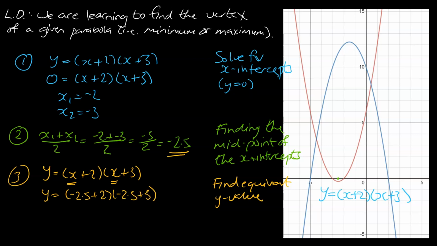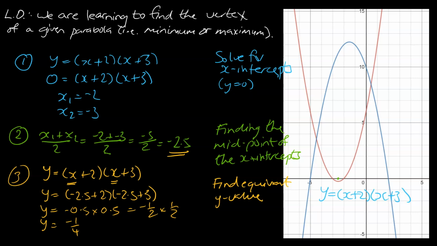It does look like it's going to be a decimal or a fraction. The first part becomes -0.5, and we multiply that by 0.5. As fractions, that's -1/2 times +1/2, and that means the corresponding y value will be -1/4. That's the y equivalent.